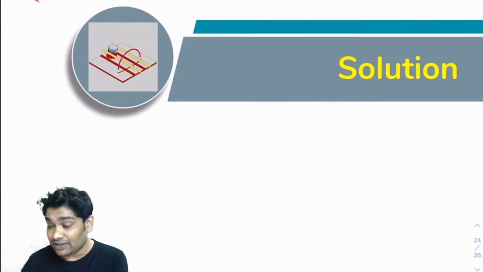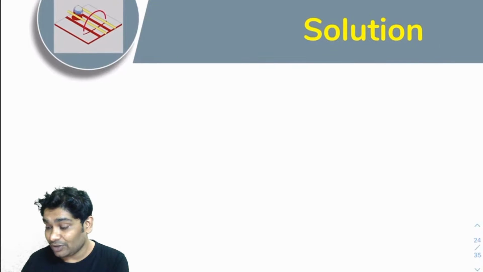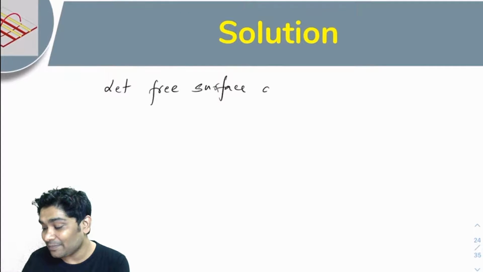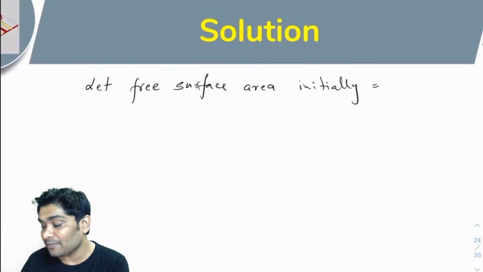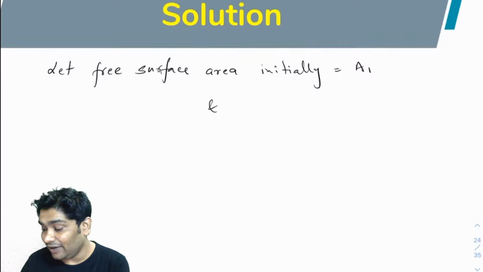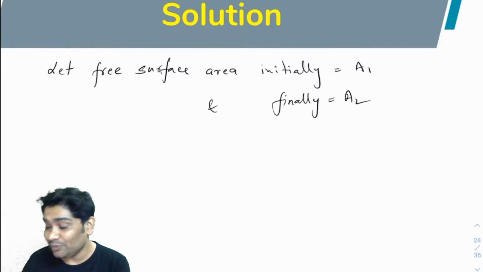So let the free surface area initially be A1, and finally A2.